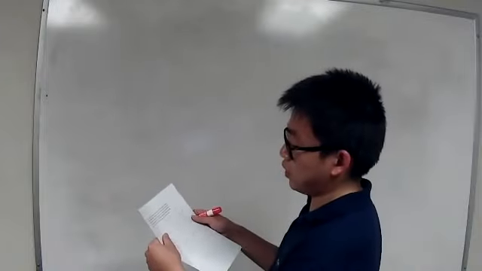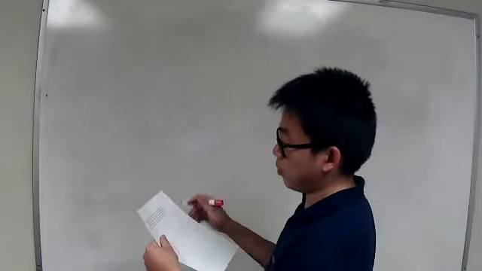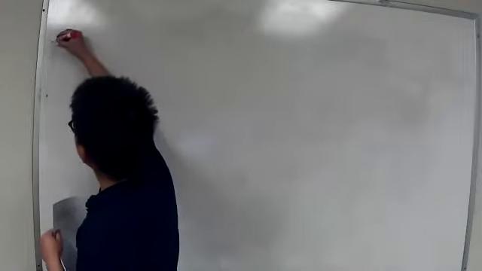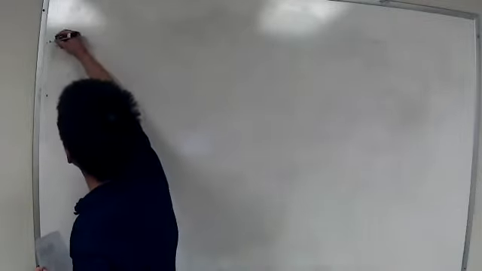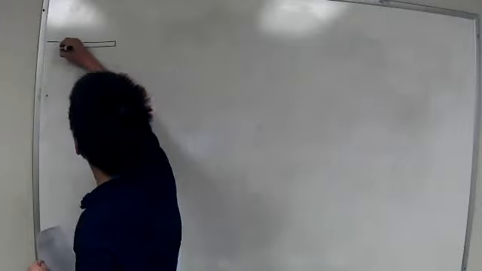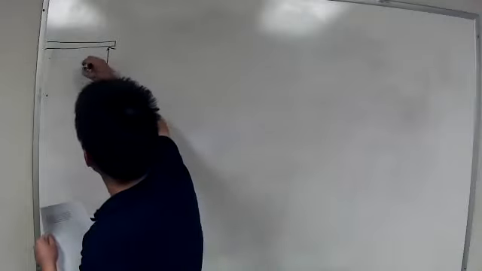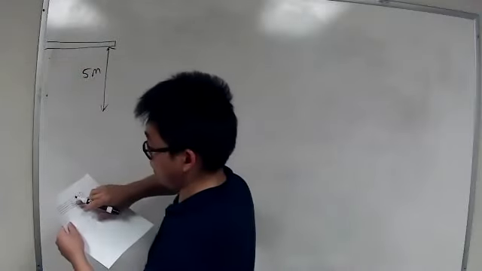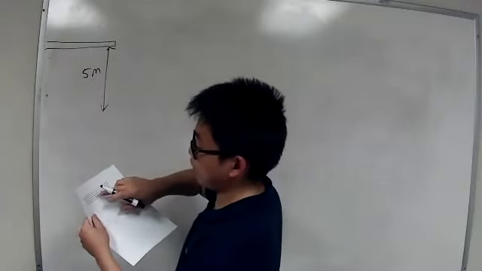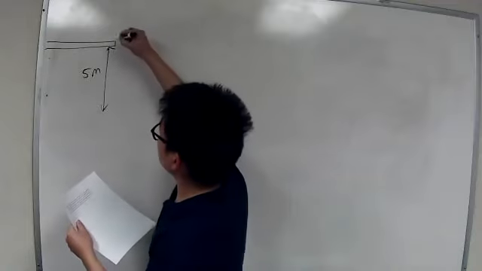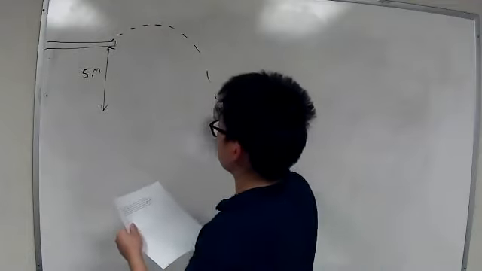A high diver leaves the end of a 5-meter diving board. So we can draw something like this. The diving board is 5 meters high and she strikes the water 1.3 seconds later. We'll say the trajectory is something like this.